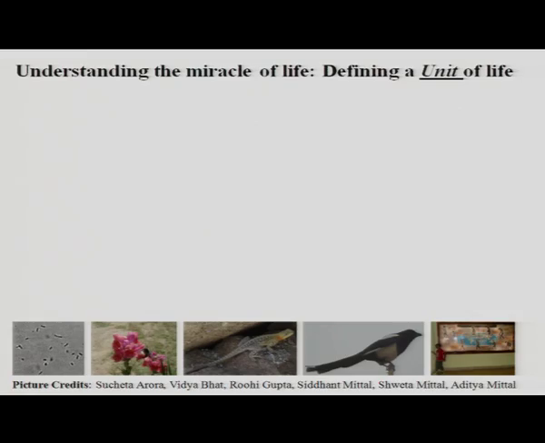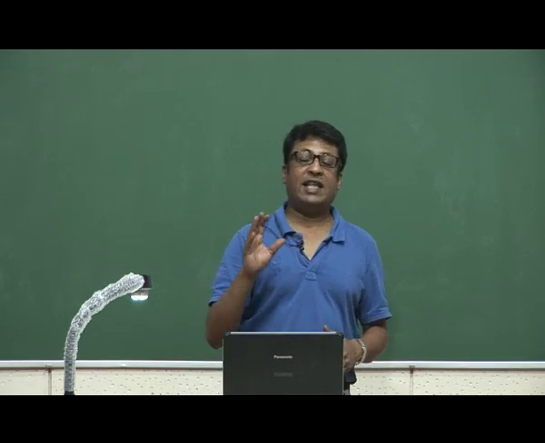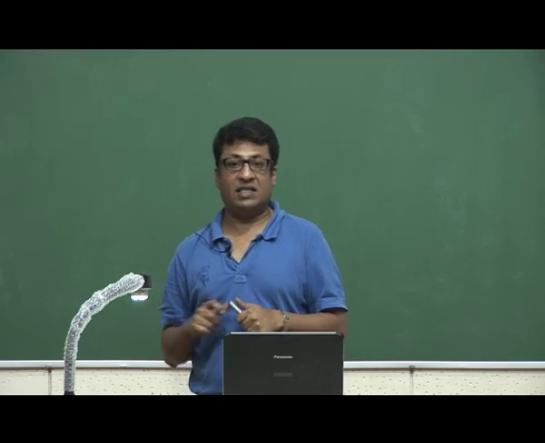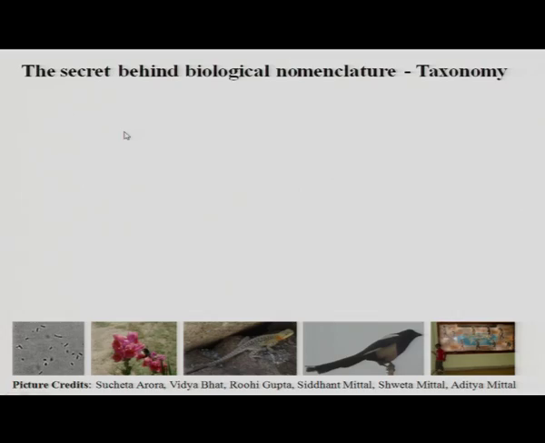Now, once we have defined a unit of life in this course, the most challenging part found by non-biologists in understanding or studying biology is what I have written here as taxonomy.